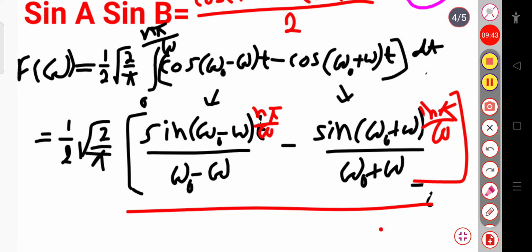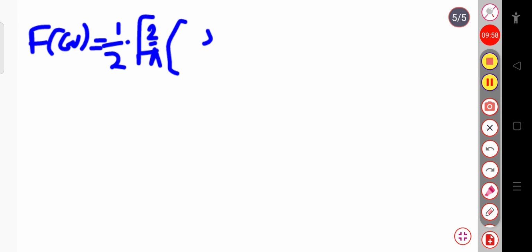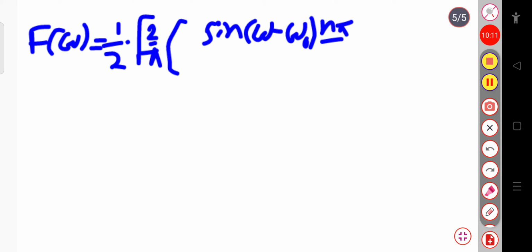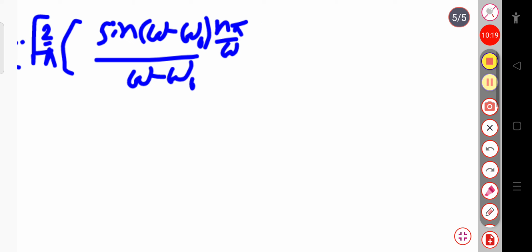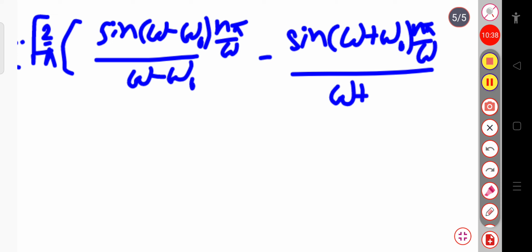Sin of (omega minus omega naught), in place of t we have substituted n pi by omega, so this is n pi by omega whole divided by omega minus omega naught, and the second term is minus sine of (omega plus omega naught) whole into n pi by omega, whole divided by omega plus omega naught. Okay, this is our final expression.